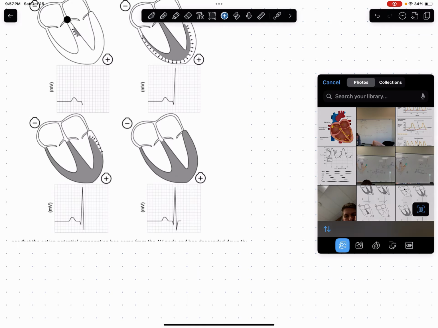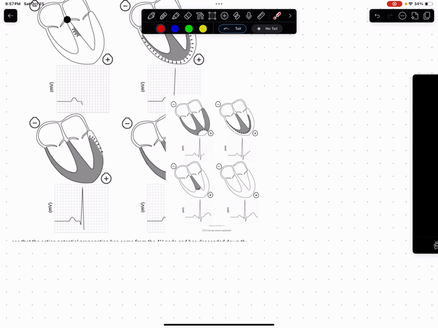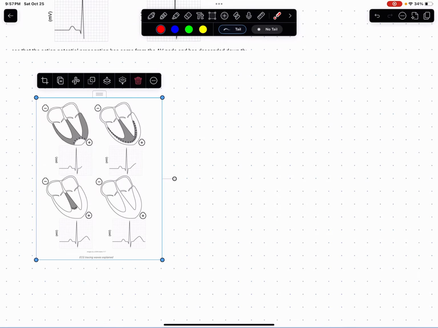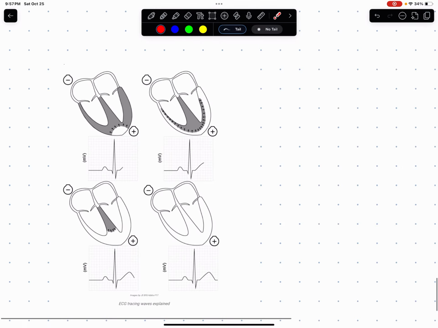Now we have to repolarize the cell. To repolarize the cell, we're going to come right back on. And as that repolarization occurs, the cell is getting positive for a sec. Now the negatives are going back in.